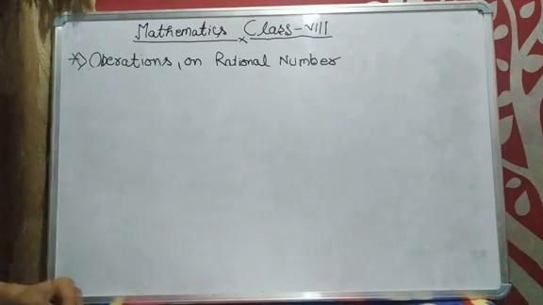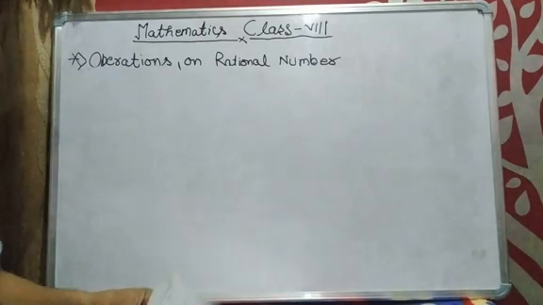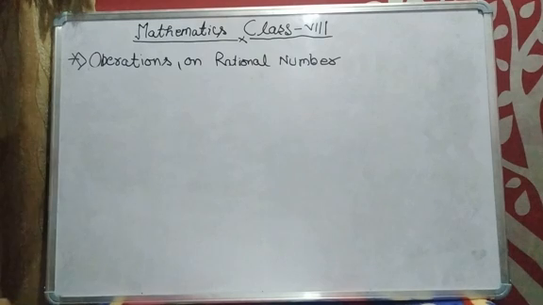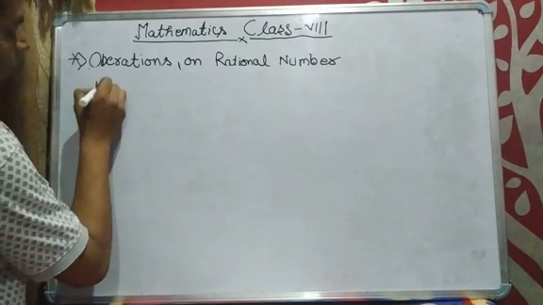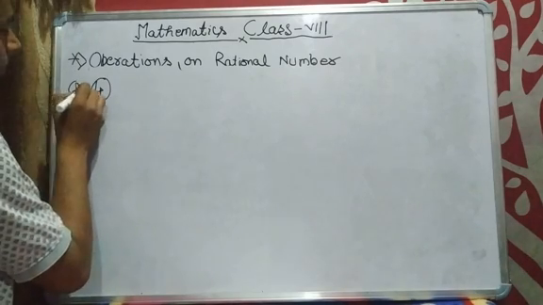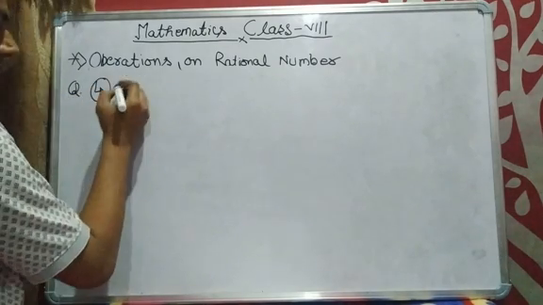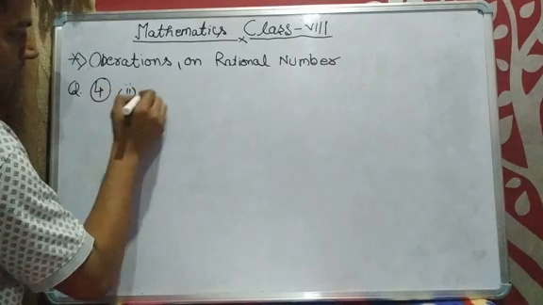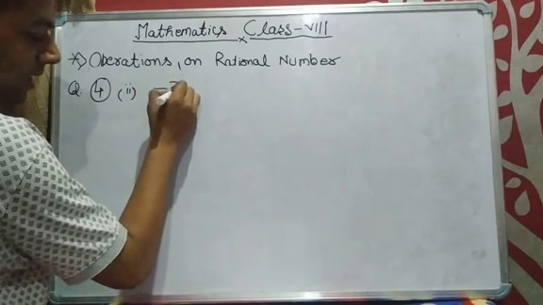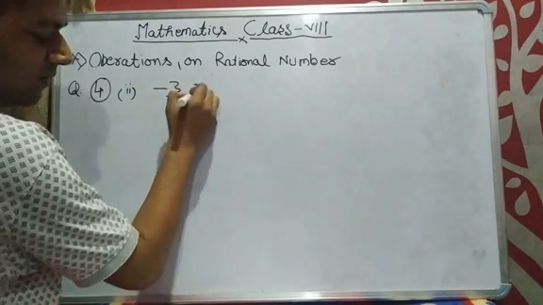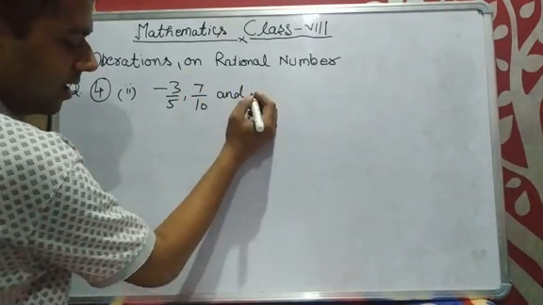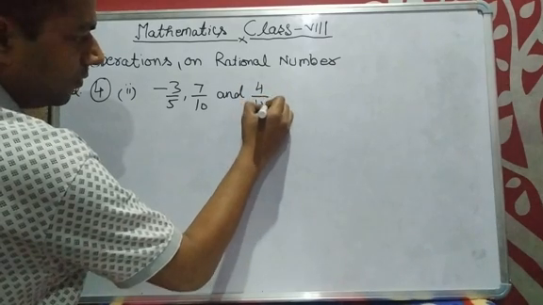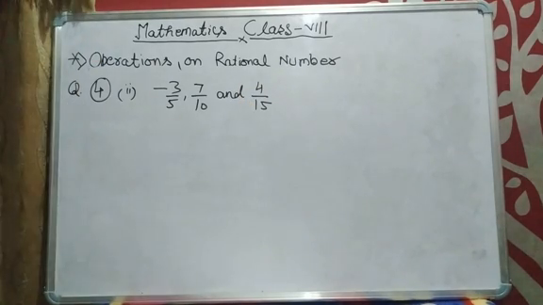I have observed, dear students, that some students are getting confused about how to do this. Let us see question number 4, second part: minus 3 upon 5, 7 upon 10 and 4 upon 15. The question says verify the associative law for addition.